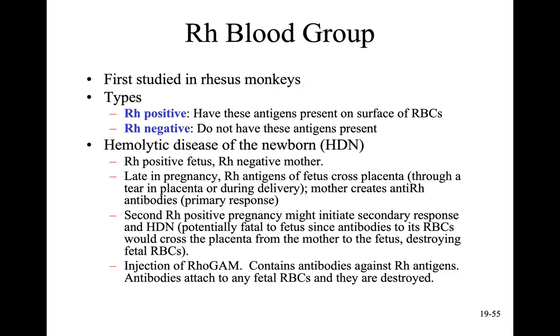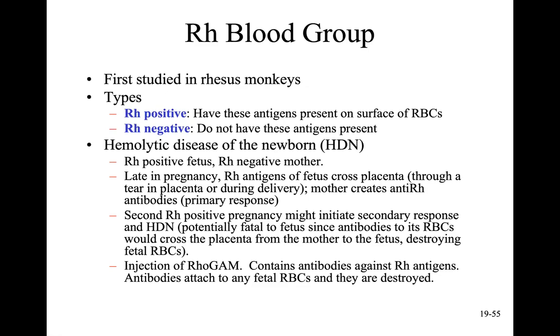Now, I'm purposely saying antigen and receptor right next to each other for a reason, because the antigens are the receptors we're talking about. So you don't have the Rh receptor, and because you don't have it, there's a chance of you forming antibodies to it.